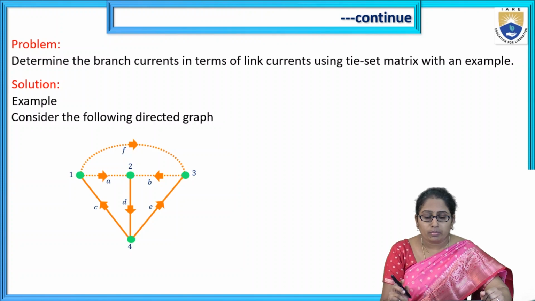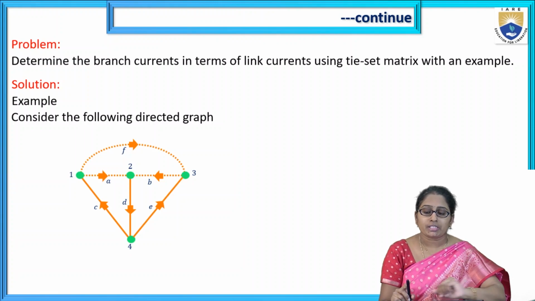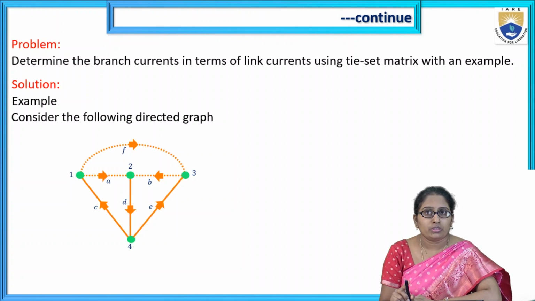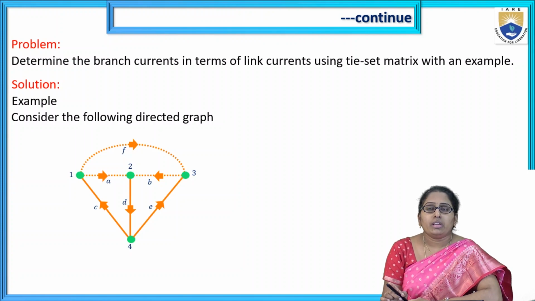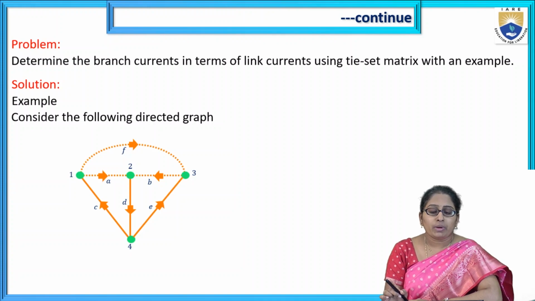The problem given is: determine the branch currents in terms of link currents using the tie-set matrix with an example. In the problem they have not given any graph or circuit. They are directly telling you to take an example. So we have to take an example graph, take the selected tree, then accordingly write down the tie-set matrix, and finally determine the branch currents.